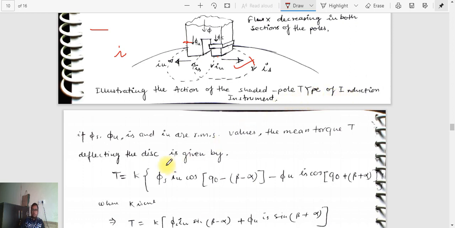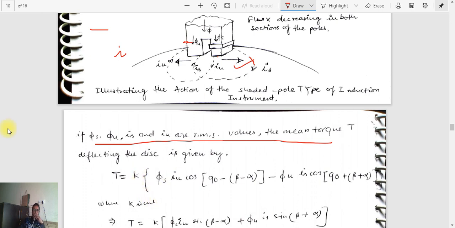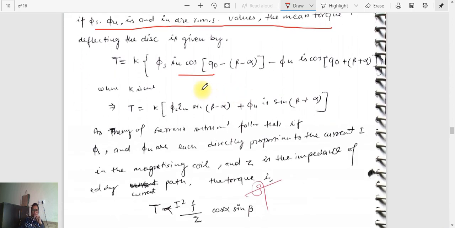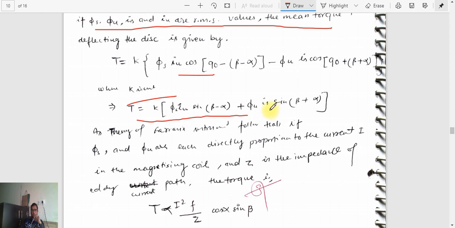Phi s and phi u are RMS values of the mean torque. The torque T is equal to K into [phi s IU cos(90 minus beta minus alpha) minus phi u IS cos(90 plus beta plus alpha)], where K is a constant. T is equal to K into [phi s IU sin(beta minus alpha) plus phi u IS sin(beta plus alpha)].